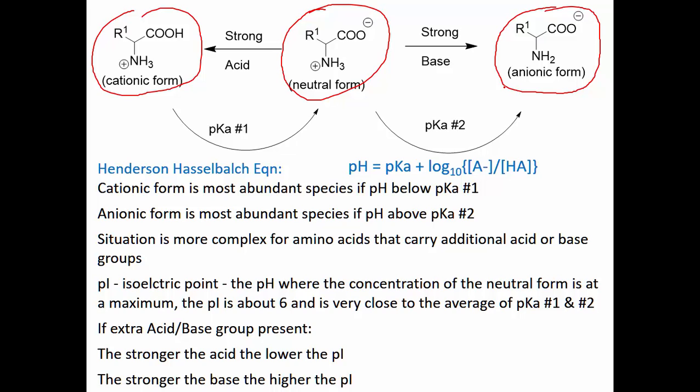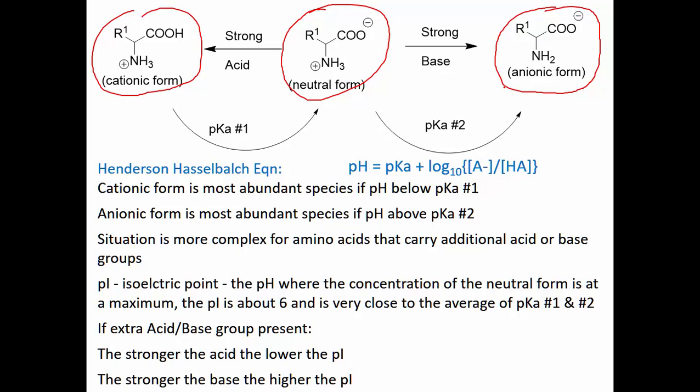All right, so here's the Henderson-Hasselbalch equation. That's going to give us the basic relationship we need here. If the pH is below the pKa, we have predominantly the protonated form. If it's above the pKa, it's predominantly the deprotonated form.